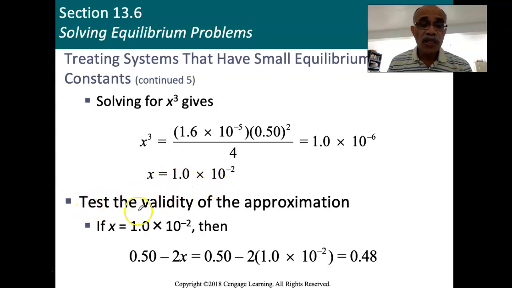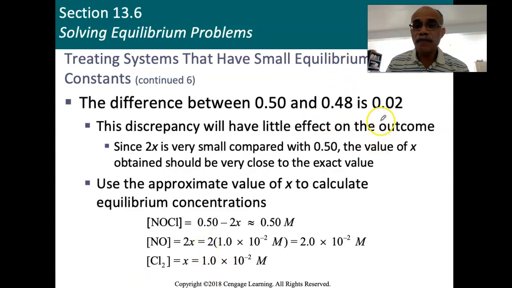When we use approximation, we'll try and see how valid this is, so we can test it. If x is 1 times 10 to the negative 2, then 0.5 minus 2x will equal 0.48. So in other words, 0.48 and 0.5 are not far different. You'll see that it is a difference of 0.02, which is not highly significant for a very, very small change. Now use the approximate value of x to calculate the equilibrium concentrations.